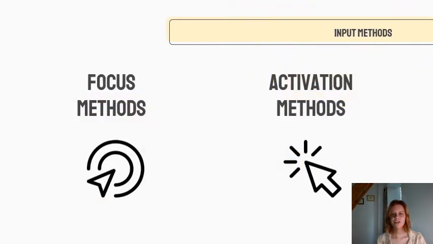So I differentiated between two groups of methods, and the first group is called focus methods. This is the way a user focuses on a game element or a button. So for example, if you hover over a button with your computer mouse and it changes color, then you focused it.